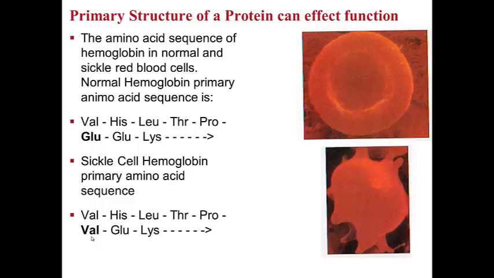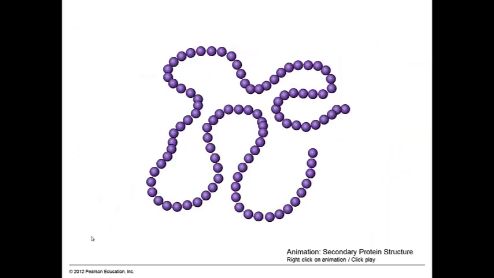And sickle cell anemia and sickle cell blood cells are quite important because the cell is not the right shape, and it starts to clog up tiny blood vessels throughout the body and leads to organ damage. So just one change in one amino acid can affect the function of a protein.